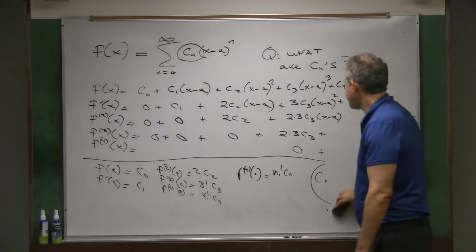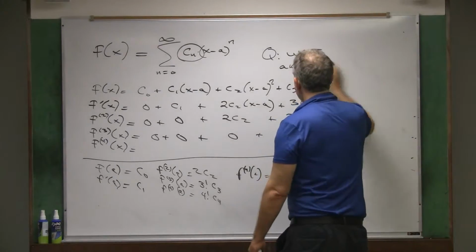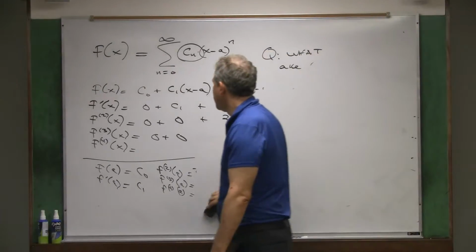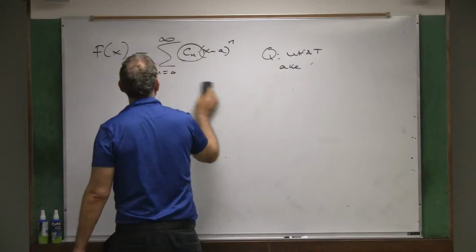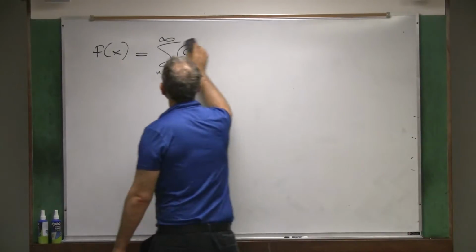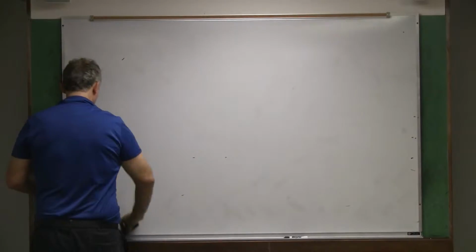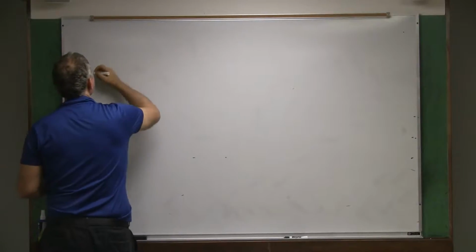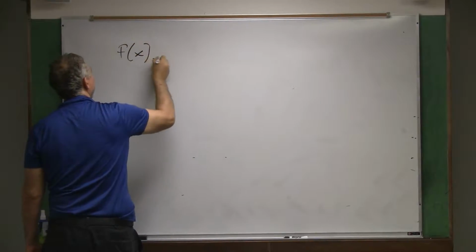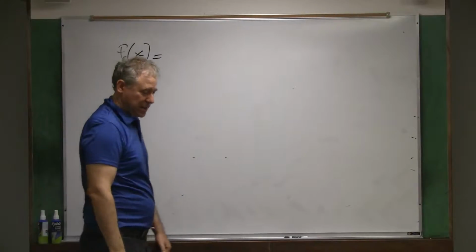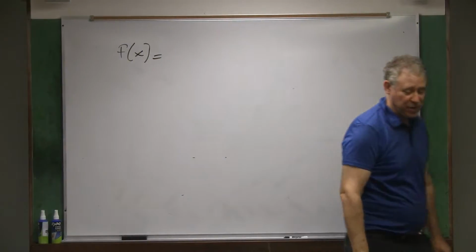So what we can now say is that we can express common functions that we have used in this class for a long time. We can express them in our transcendental functions.